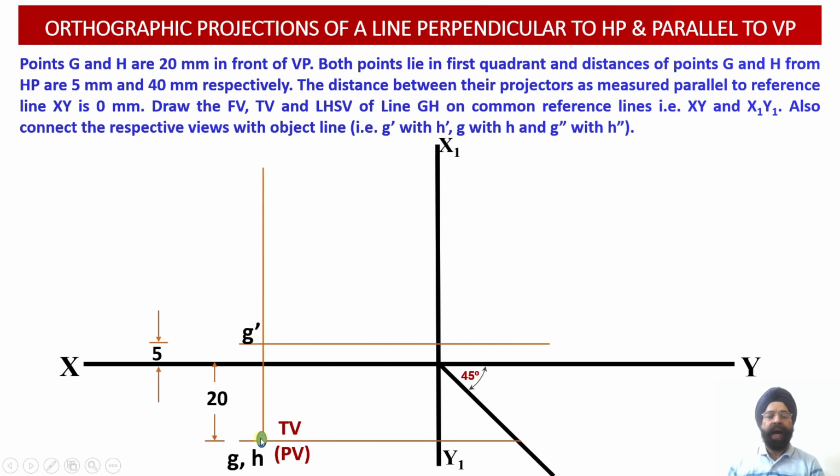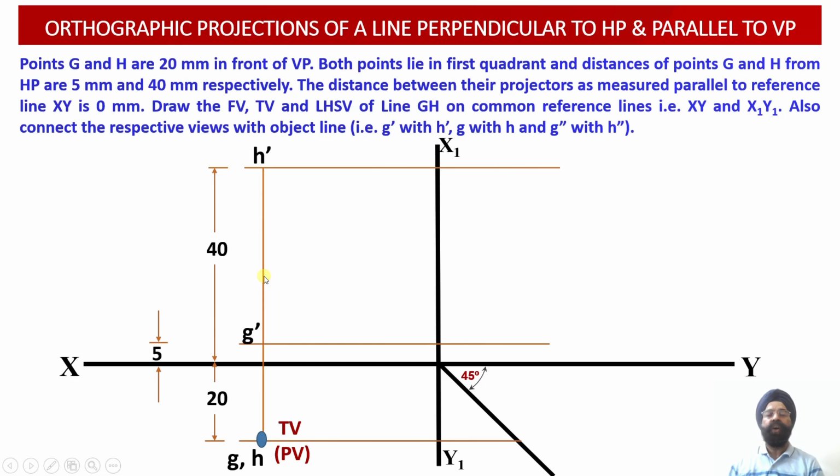Now we can mark the distance of 40 millimeter corresponding to the front view of the point H from the XY reference line. That is, this point H is located 40 millimeter above the horizontal plane in the front view projections. So the H dash point will be located on the same vertical projector line as point G dash.